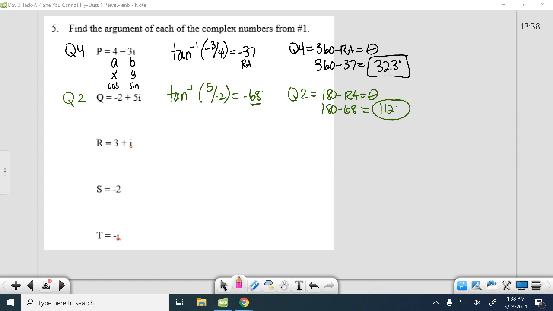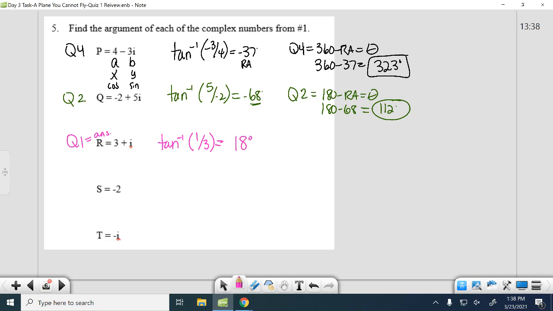I think you guys get the gist of this. It's not too bad. And I'm just going to put the answers down so you can kind of work through a few on your own and check them. Point R, 3 plus I, is going to be in quadrant 1. So that is going to be the answer that you get. You don't have any extra work. It's just tangent inverse of 1 from the I over 3, which does give you just about 18 degrees, all done.